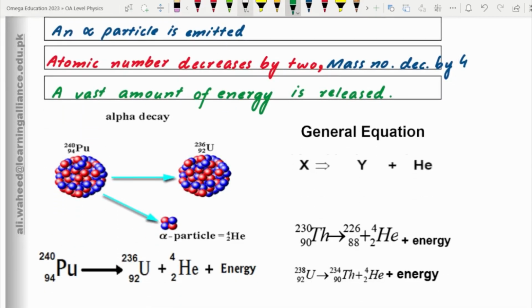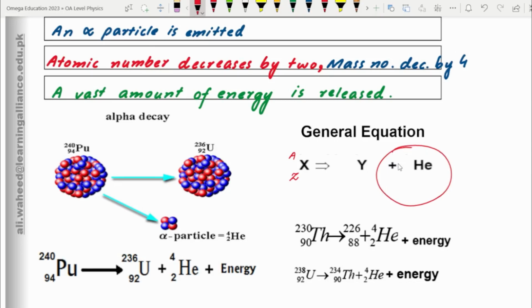So let us take a look at the equations here. First, I'm going to write down the general equation. Your element was X. This is your parent nuclei, and it is about to undergo the alpha decay. Let's say the proton number is Z and the mass number is A. After the alpha decay, the alpha particle has now parted ways with this parent nuclei.